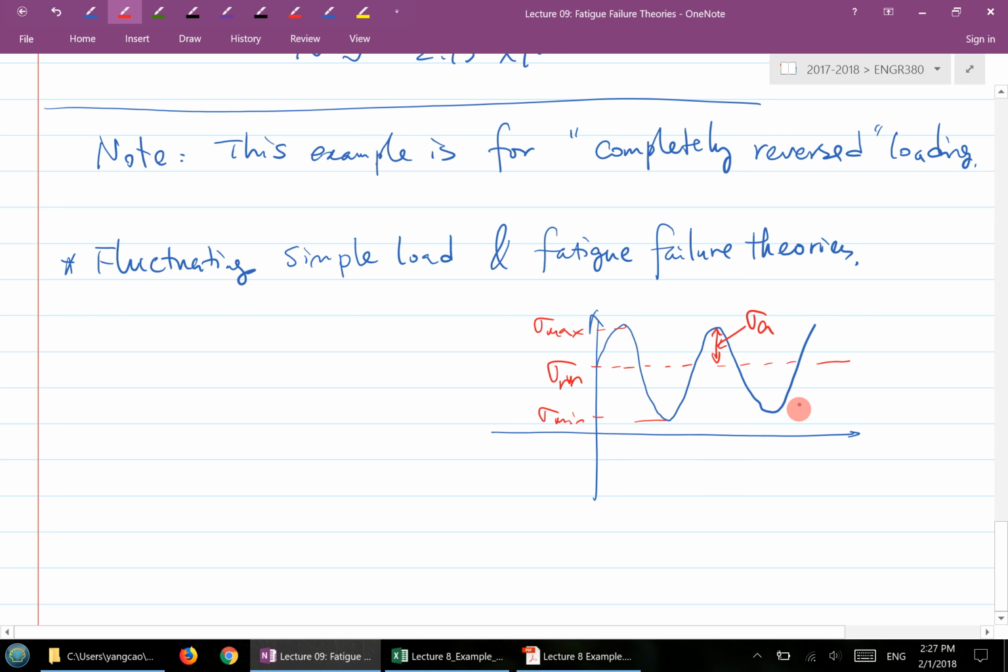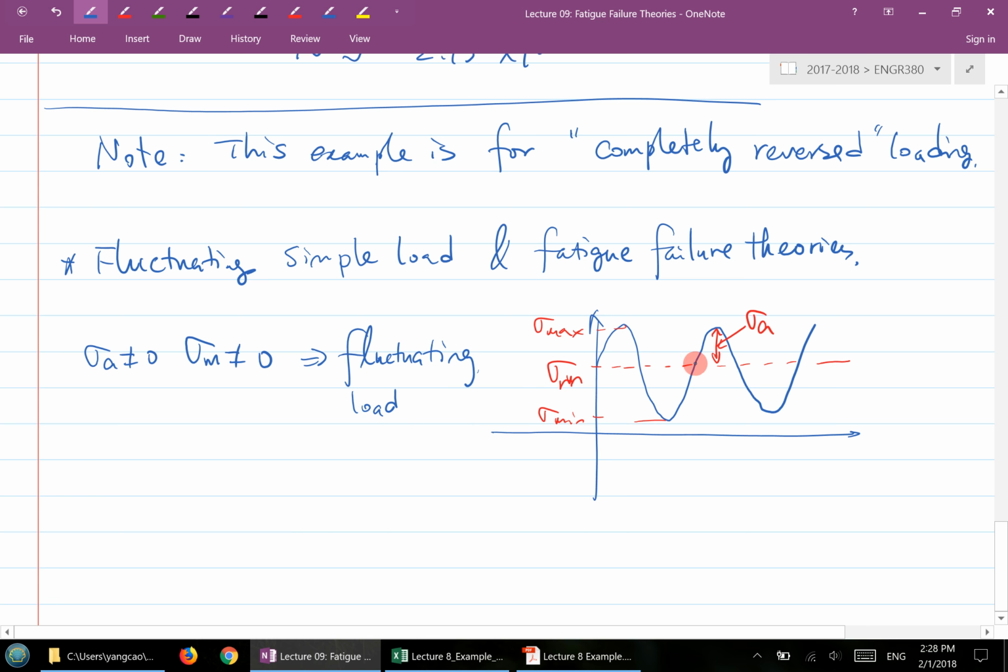This is basically the fluctuating type of loading. It's general because sigma m is not 0, and sigma a is not 0. So this will give you the fluctuating load. For this type of loading, some simple mathematics.